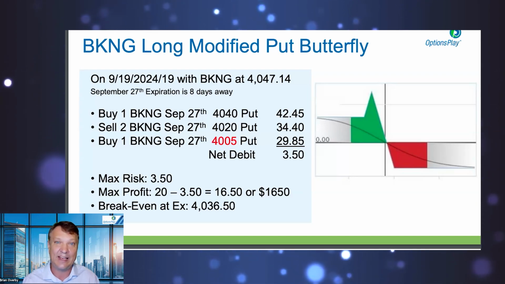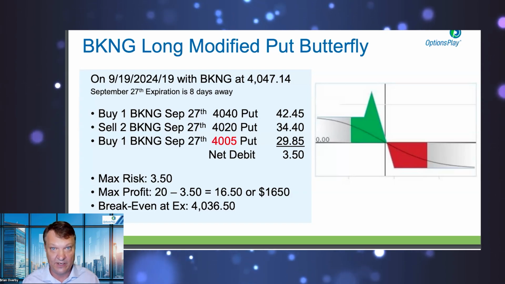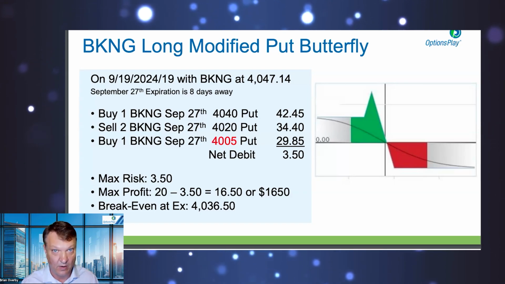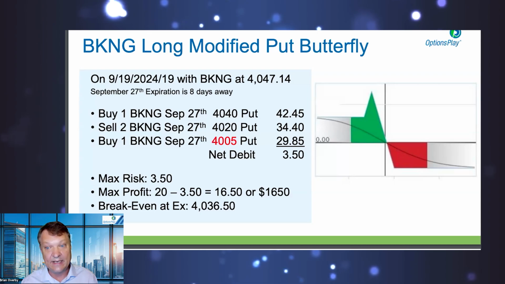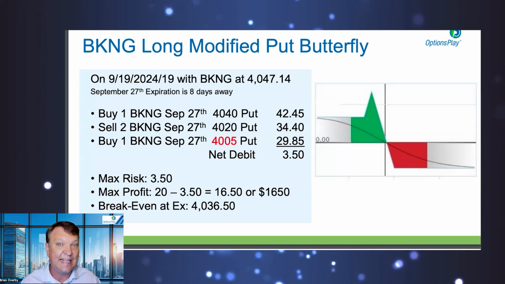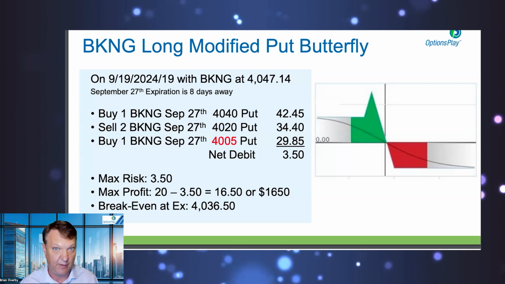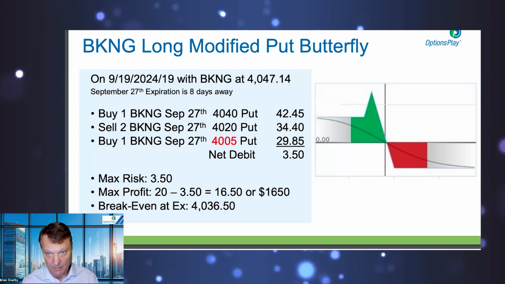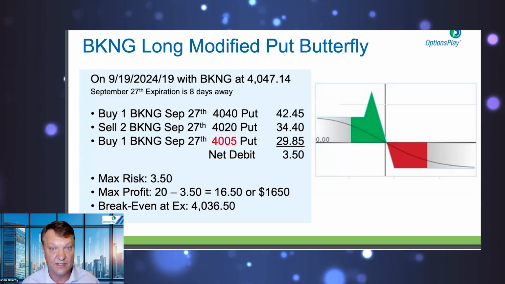That's what a butterfly is. You sell a put spread to try to pay for a long spread. And you're further out of the money with the put spread, so you're never, in theory, going to be able to pay for it. But you can greatly reduce the cost.